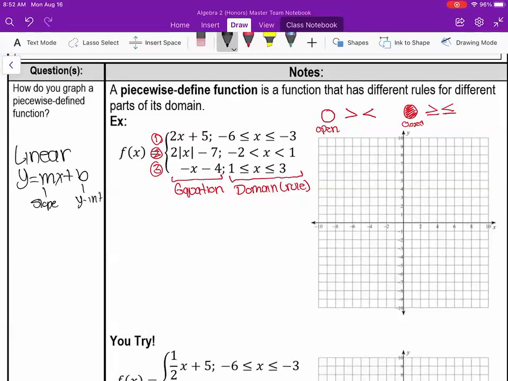The second one is your absolute value, and that is usually in the format of y equals a|x minus h| plus k. Okay, if you can't write that down, remember that you already have it in your notes, so you don't have to write it down. Just remember that for an absolute value function, in order to graph it, you need to find your h, k form, and then you need to use your slope to find the rest of the points. Anyways, now that we remember that, we can go ahead and start graphing our piecewise function.